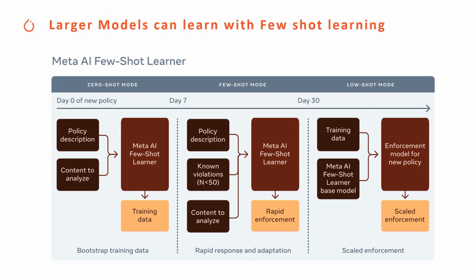Meta AI few-shot learner is a large-scale, multimodal, multilingual, zero or few-shot learner model that enables joint policy and content understanding, generalizes across integrity problems, and doesn't require model fine-tuning. Few-shot learner can adapt to take action on new or evolving types of harmful content within weeks instead of months.